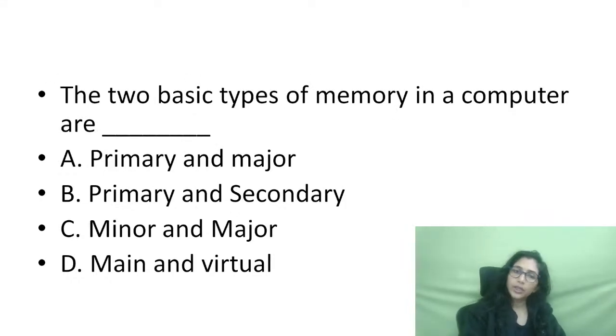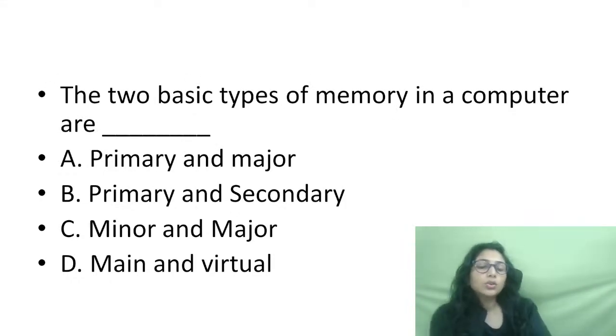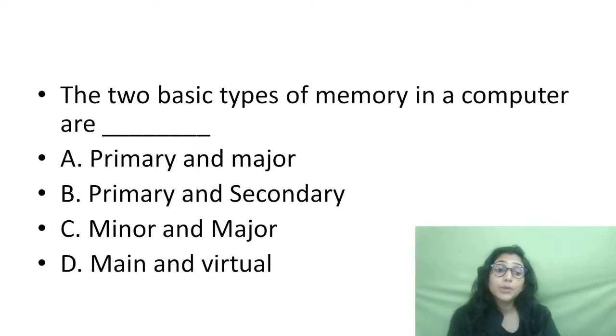Absolutely right. Now the two basic types of memories in a computer are: primary and major, primary and secondary, minor and major, mean and virtual. Shrutika says it is primary and secondary.